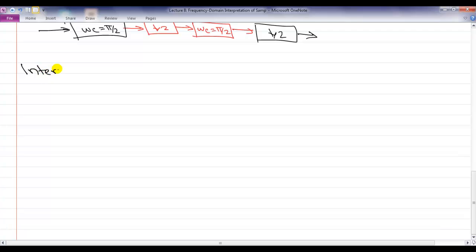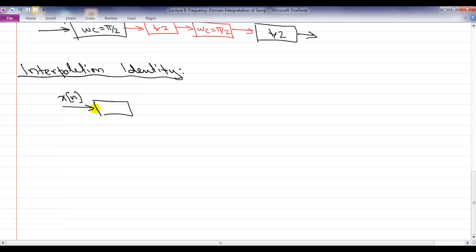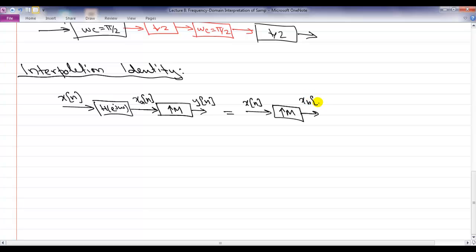So, the interpolation identity says that if you do filtering first, H(e^{jω}), you take its output x_a[n], and then you do expansion by a factor of M, that is equal to first doing expansion by a factor of M and then filtering, as long as the new filter has its frequency axis scaled by a factor of 1 over M.